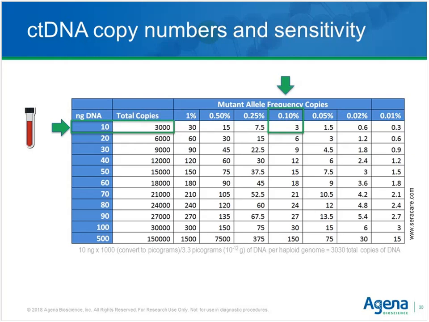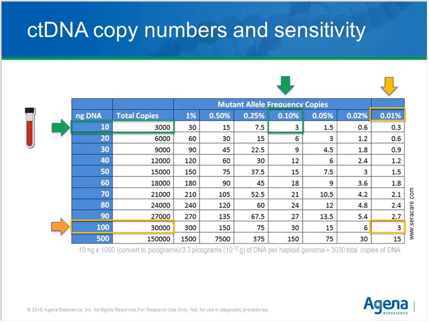When a technology provider claims to have a higher sensitivity, and there are technologies that can go lower, this equation is illustrated by the yellow boxes and arrows.